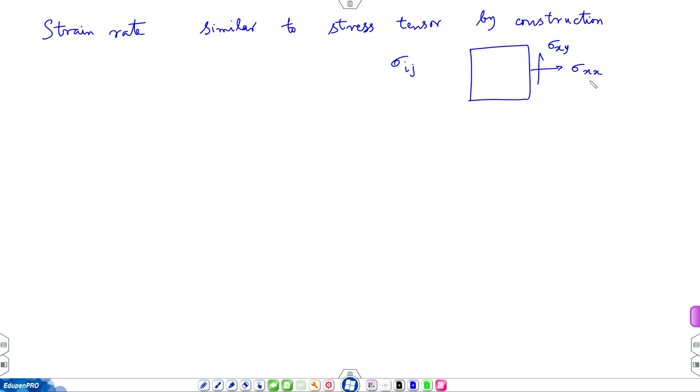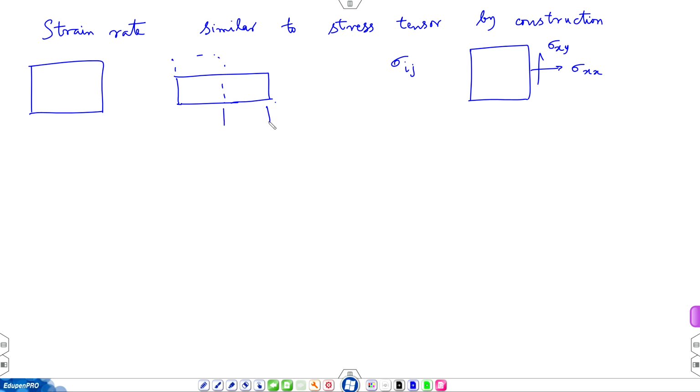So, what is sigma xx doing to this element? It will result in elongational strain of this element. It is pulling this element. If you think of an incompressible element, this dashed line is the initial shape of this element, and after you have pulled it, it has become longer.